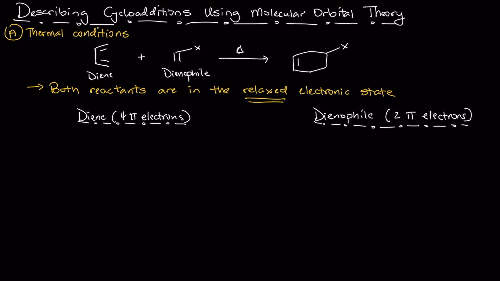So to draw out our molecular orbital picture for the pi system of a diene, we start off in our level one, where all four p orbitals involved in the pi electron system are in the same phase. And so that means they're completely constructively overlapping across each other. And that's our first wave function. And as we move up, just as a recall, we start to introduce nodes, which means destructive interference in our molecular orbital picture.